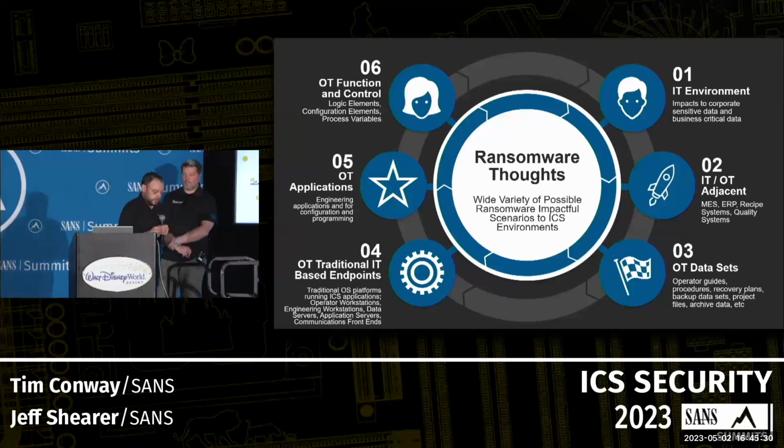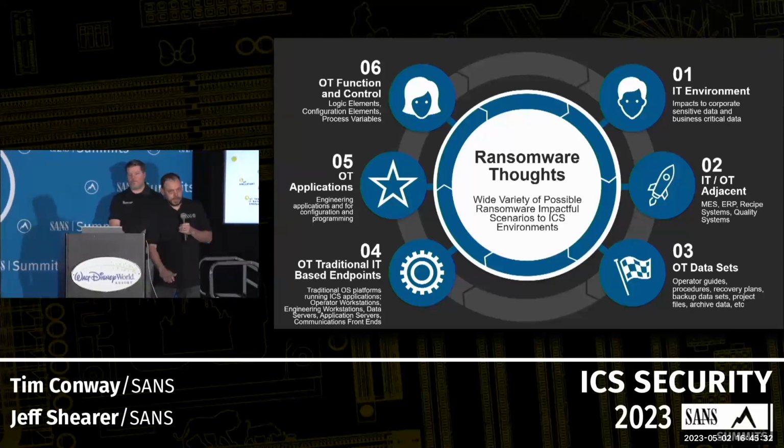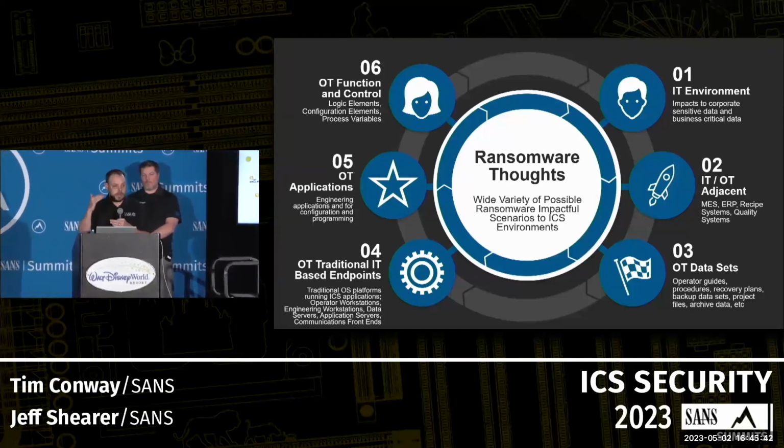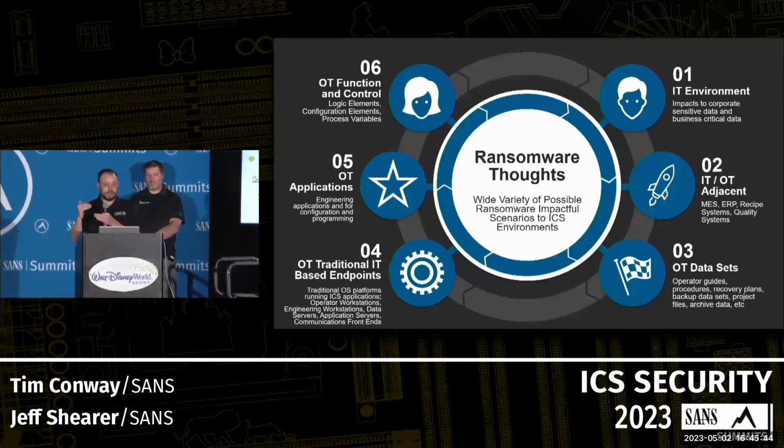Number 6, this is going deeper and deeper in, obviously, and moving into the OT function and control elements. As you start to get into some of those applications and tools, now you can start to see the ladder logic, and you can start to see the scaling and the configuration parameters and the process variables. And you can start to directly manipulate, you can start to directly program.